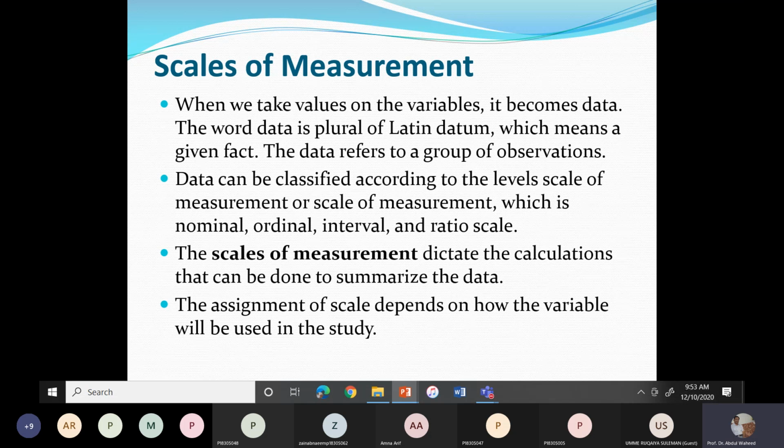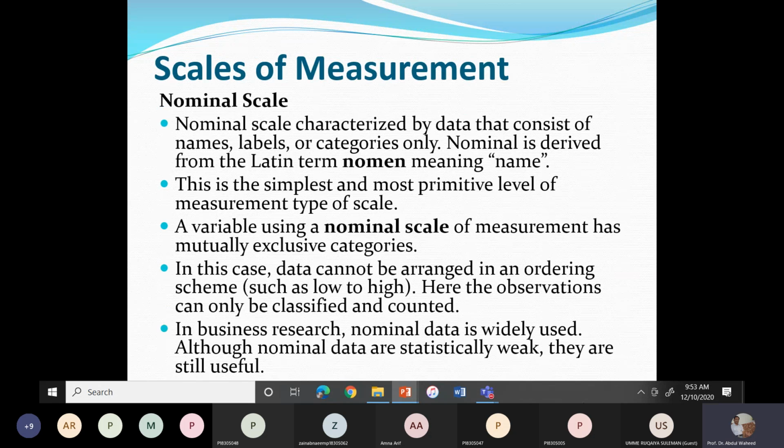So basically the scales of measurement dictate the calculation that can be done to summarize the data. So we have four scales of measurement. We have nominal scale, ordinal scale, ratio scale, and interval scale.